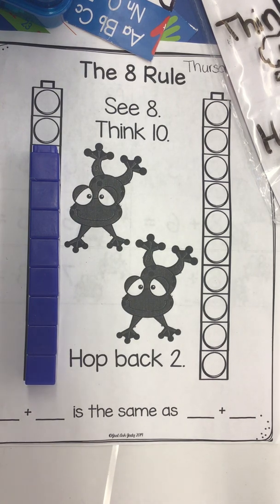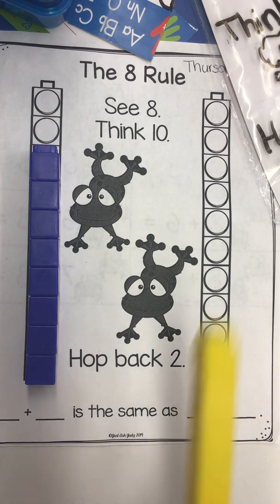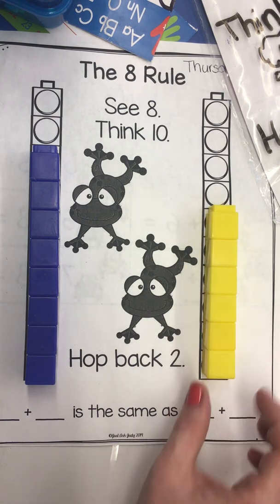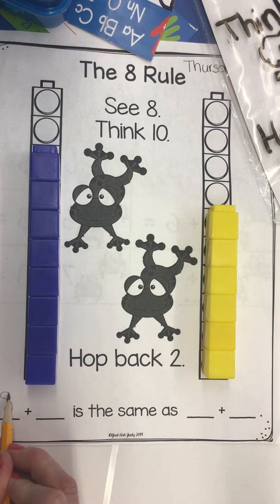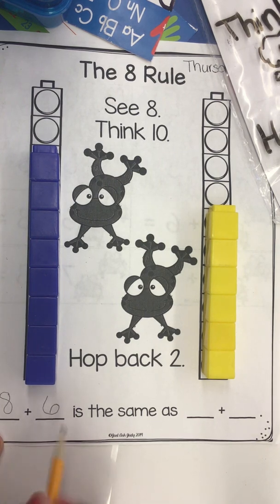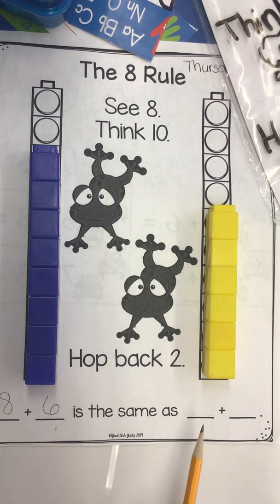So let's do 8 plus 6, okay? It's just to remind you, look what I'm filling in down here, that 8 plus 6 is the same as a 10 plus problem, because remember, we're making 10 to make our problem easier.